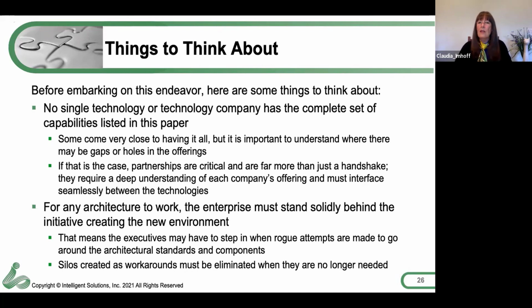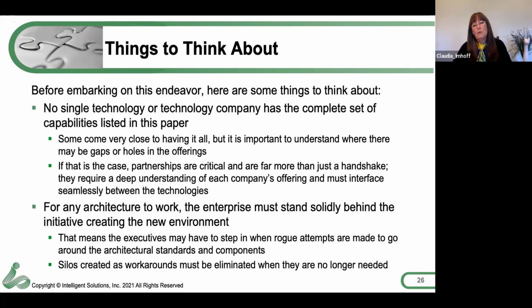If that is the case, and every technology company will have some gaps, then partnerships become critical, and they are much more than just a single handshake or a dinner somewhere. They have to have a deep understanding of each company's offerings and how the interfaces have to come together seamlessly between the technologies.